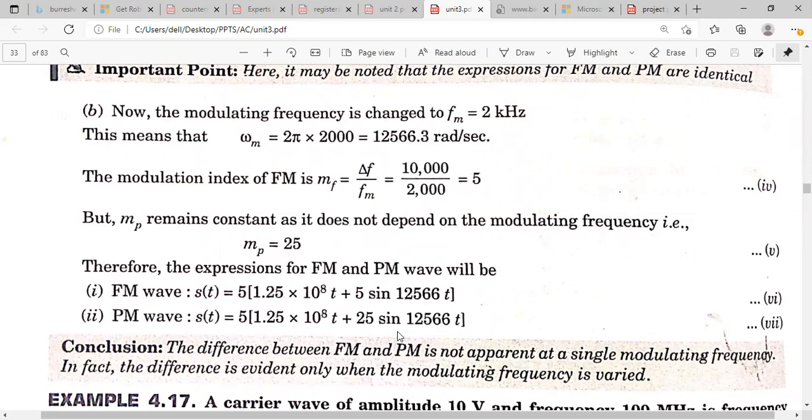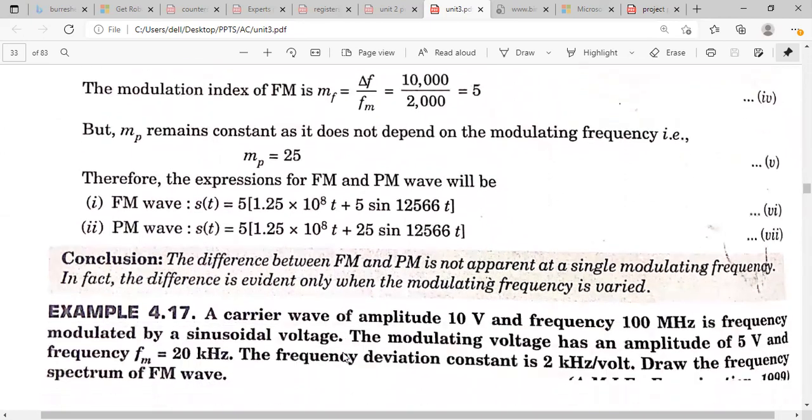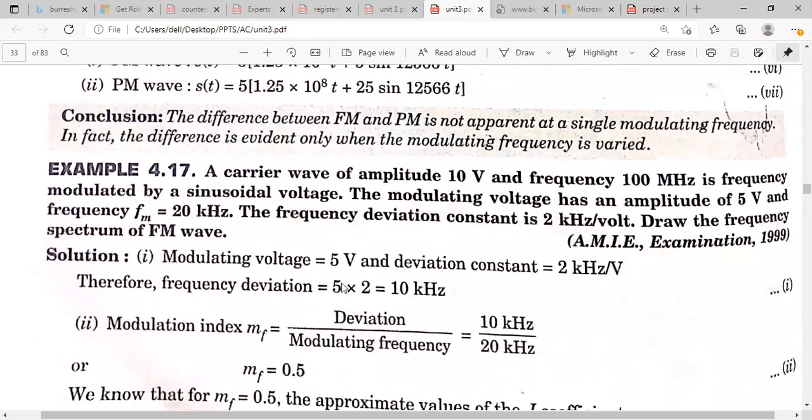Next problem: a carrier of amplitude 10 volts and frequency 100 megahertz is frequency modulated by a sinusoidal voltage. The carrier amplitude is given as 10 volts and the frequency as 100 megahertz.